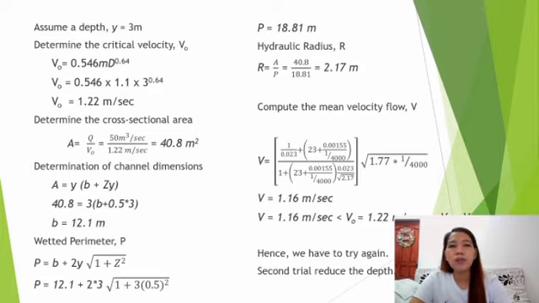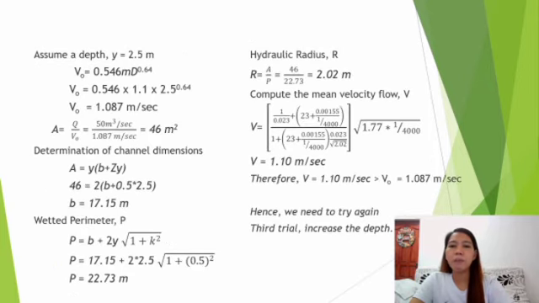So after that, we can now compute the mean velocity. Here we got 1.16 meters per second, which is less than the critical velocity of 1.22 meters per second. So hence we have to try again. We will have another trial, and we'll try to reduce the depth.